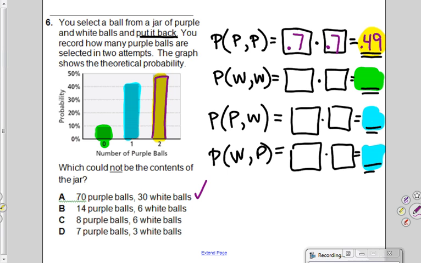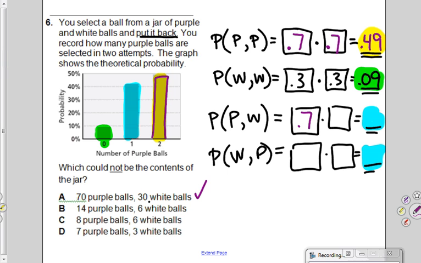Now, what about white, white? If there were 30 white, 0.3 times 0.3, which is 0.09. Does that look like it could be the green bar? Looking pretty good, right? What about purple then white?